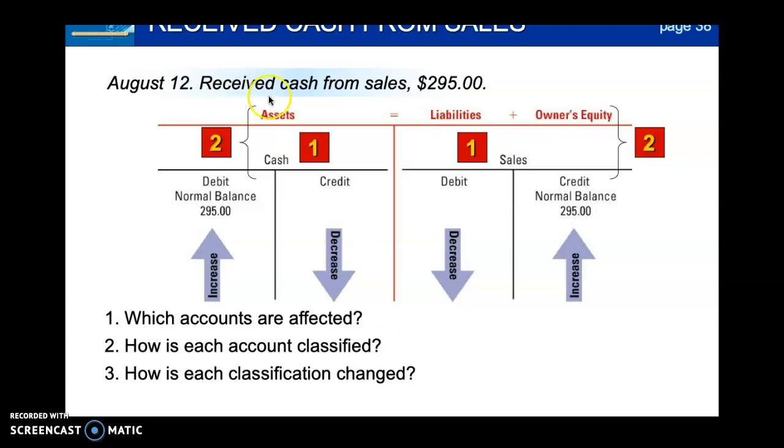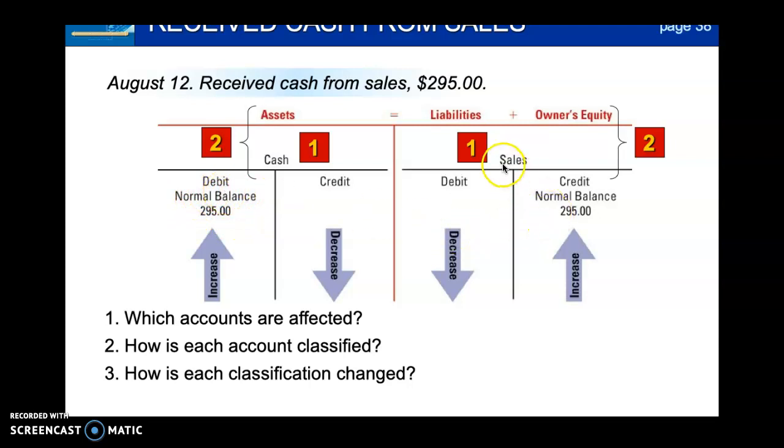Well, receive cash. That tells me we've received cash, which means we're earning money. So I know that the normal debit side for cash is the left-hand side. It's a debit, and so we're increasing cash, so it's going to go on this left-hand side.